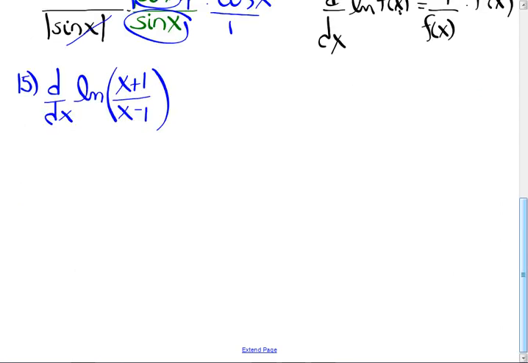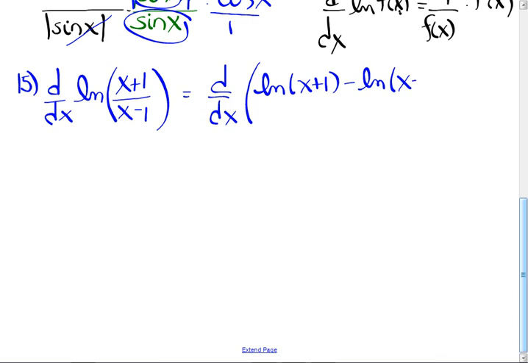What about that one? Now, do you want to do that as written or do you want to use properties? I want to use properties. Because this is the derivative with respect to x of the log of x plus 1 minus the log of x minus 1. Then that's easy. What's the derivative of the log of x plus 1?